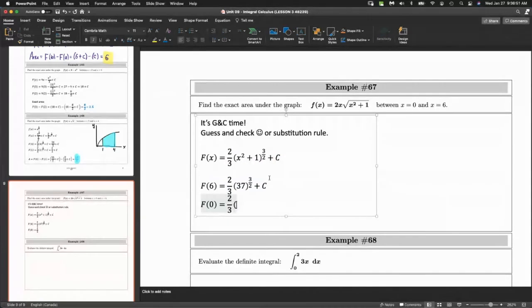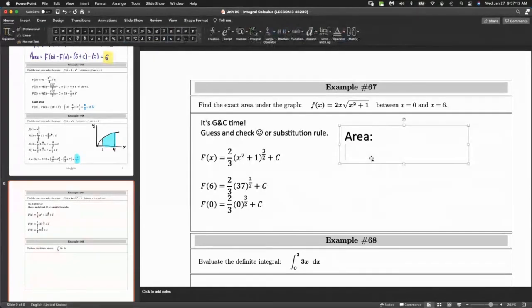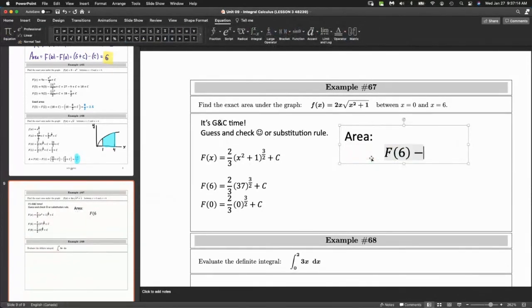But I don't really fancy the numbers in this question too much. But anyway, there's f of 6 and f of 0, the antiderivative at the two endpoints. So then the area is equal to f of 6 minus f of 0.